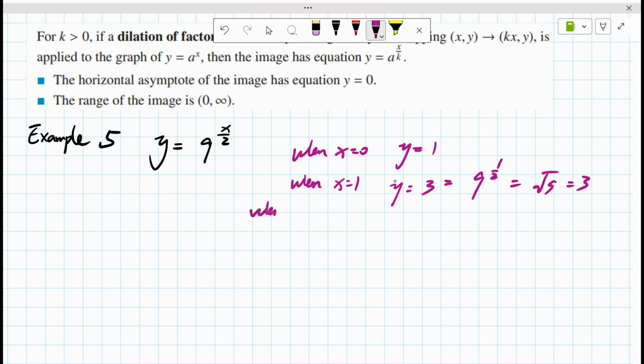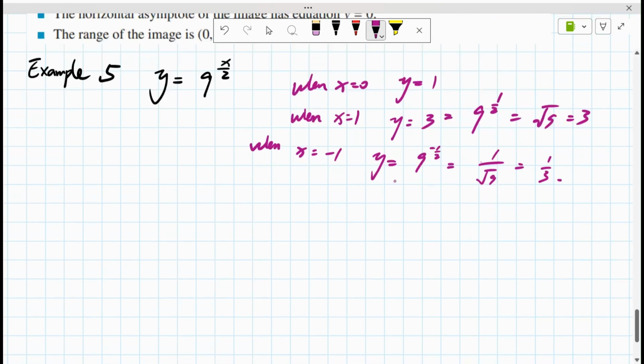And when x equals negative 1, what happens? That's y equals 9 to the negative half, that's 1 over the square root of 9, that's 1 over 3. All right, perfect.